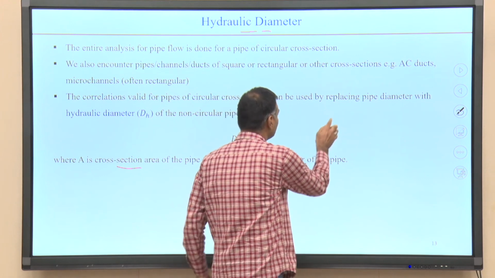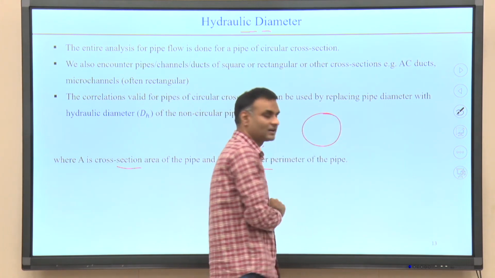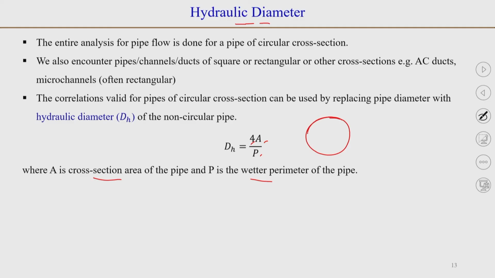So, if you talk about, say, a circular cross sectional area, then this perimeter is the wetted perimeter, and you can calculate dH is equal to pi r squared divided by 2 pi r, pi and pi will cancel out, and this multiplied by 4.